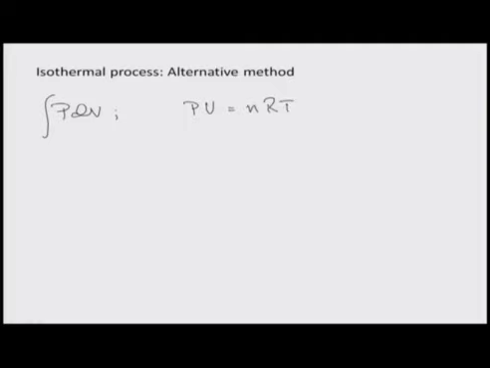Just to tell you something interesting mathematically, let us try to see what V is. V is nothing but nRT over P. So, what is the change in V, dV? I am doing a differentiation: nRT over P square dP.